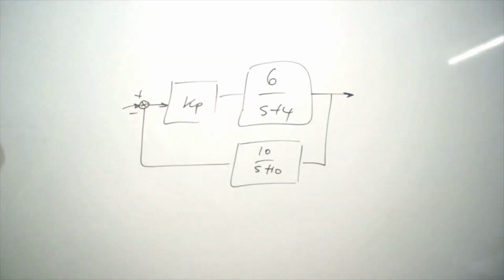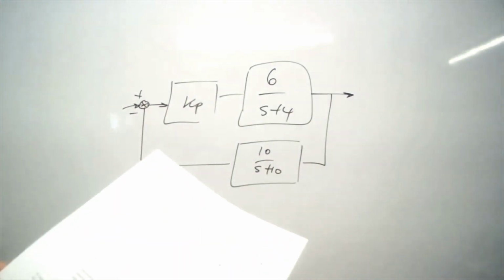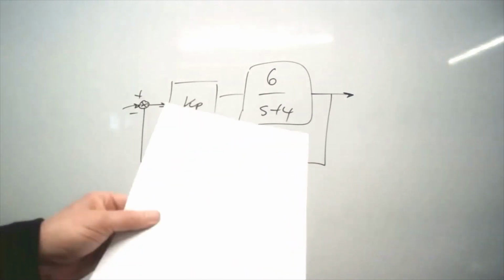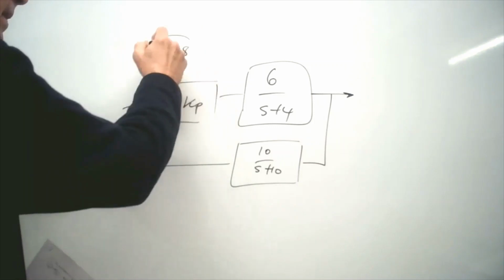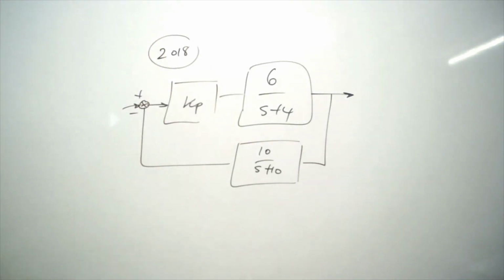So there's a little block diagram. I'm going to extend this question slightly. This is the problem that you were given in 2018, but I'm going to add a little bit to it, not to make it any harder, but just to make it more compatible maybe with typical things you might get in this year's exam.